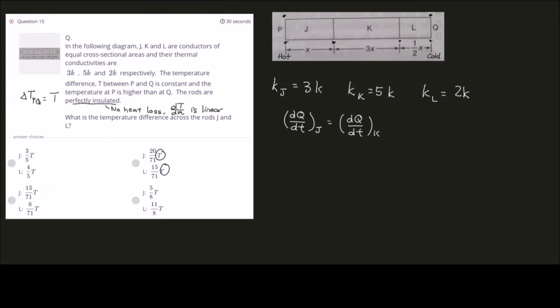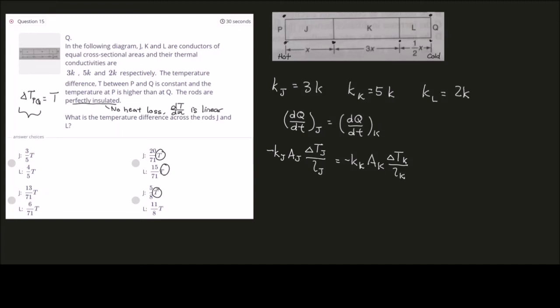Want to express everything in terms of T. So later when we expand it out, then it will be negative Kj Aj delta T of J over L of J, right? And this one will be equal to negative K of K, A of K, delta T of K over Lk. But we see that our answer here requires us to express everything in terms of this big difference between P and Q temperature.